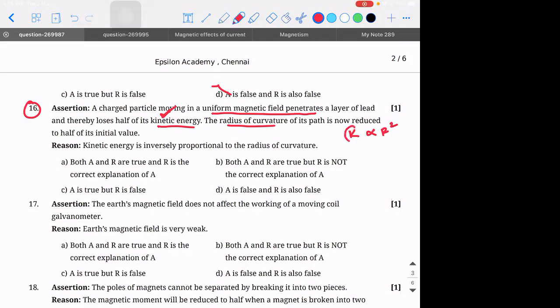Kinetic energy becomes half, so the radius will become 1 by root 2 times its initial value. So the statement that the radius is reduced to half is wrong. Next, kinetic energy is inversely proportional to radius of curvature, a direct wrong statement. So A is false, R is also false. Clear, guys?